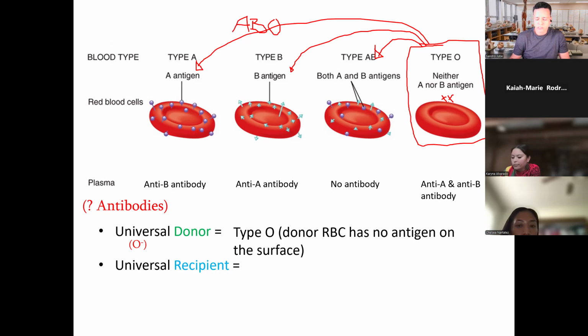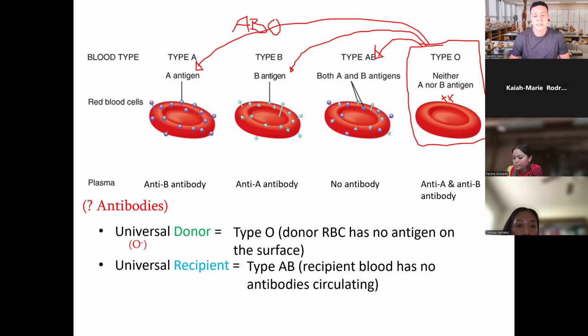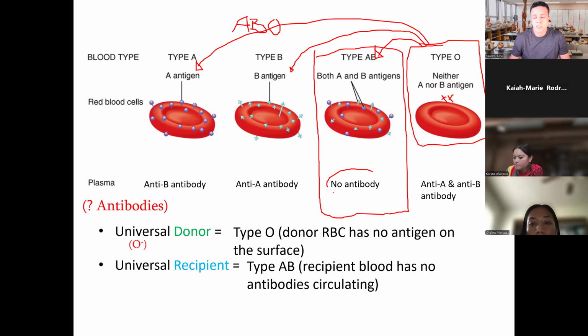What about universal recipient? Universal recipient is a type AB. This guy right here. Why? Because the type AB, if you look over here, guys, this individual has no antibodies in the plasma. There is no antibody against the A antigen or against the B antigen.